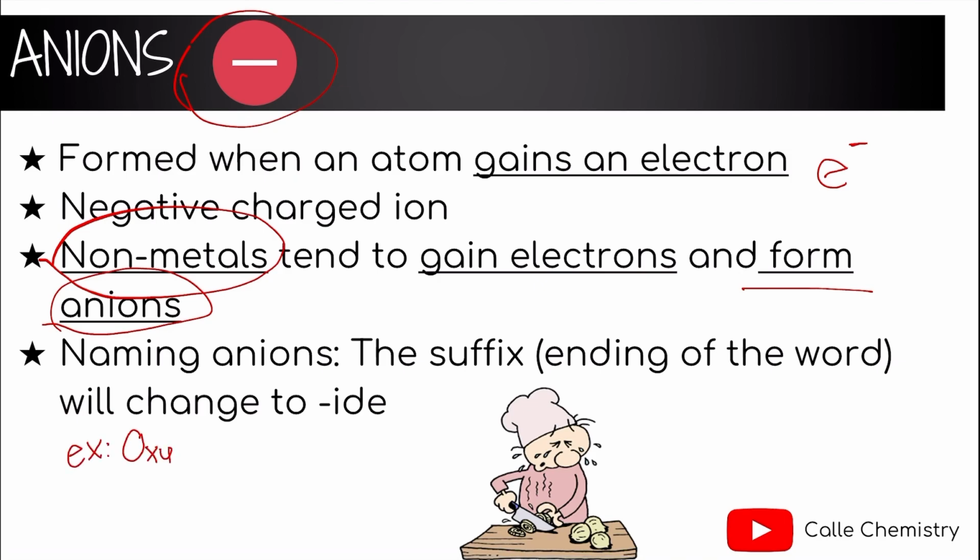Oxygen is a nonmetal. Oxygen, when it gains electrons and becomes an anion, will no longer be called oxygen, it will be called oxide. So that is referring to the last bullet point.